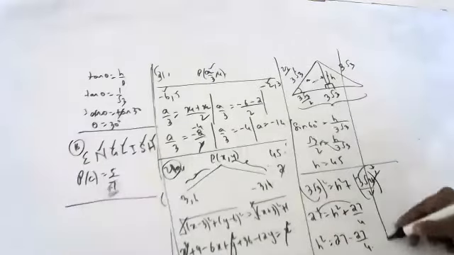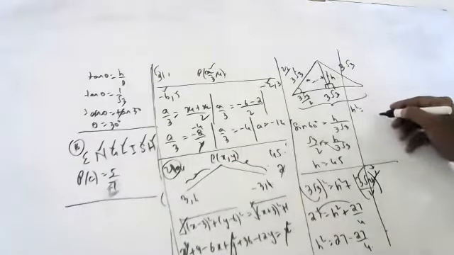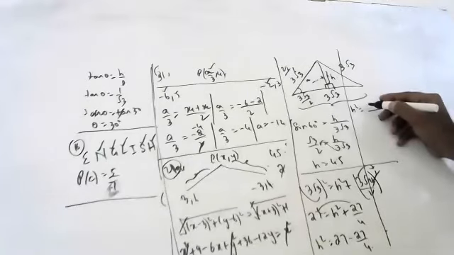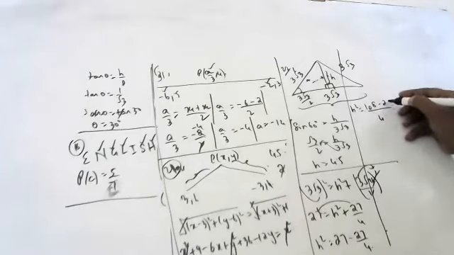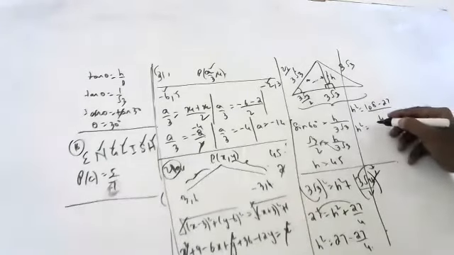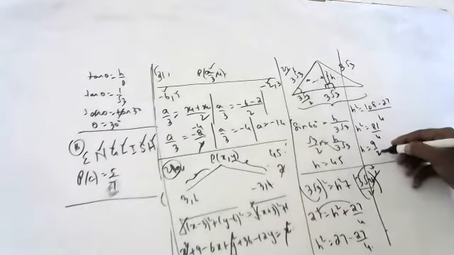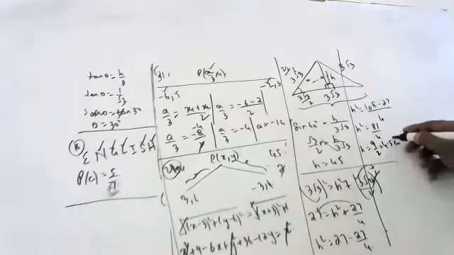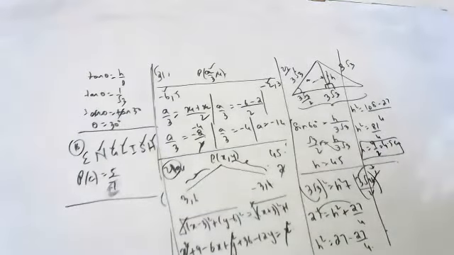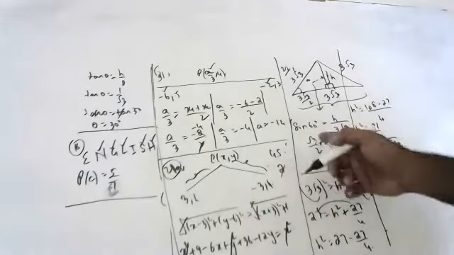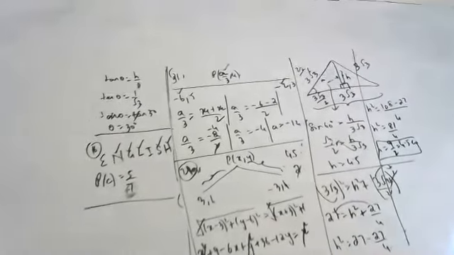How much will it be, children? 108 minus 27, h square is equal to 81 by 4. h is equal to 9 by 2, children. That is 4.5 centimeters. Either you apply trigonometry directly or you apply Pythagoras theorem in triangles. Your wish, children. It's up to you.